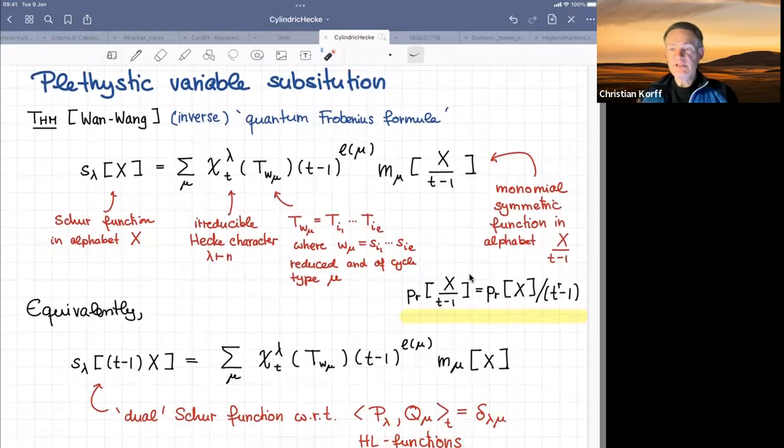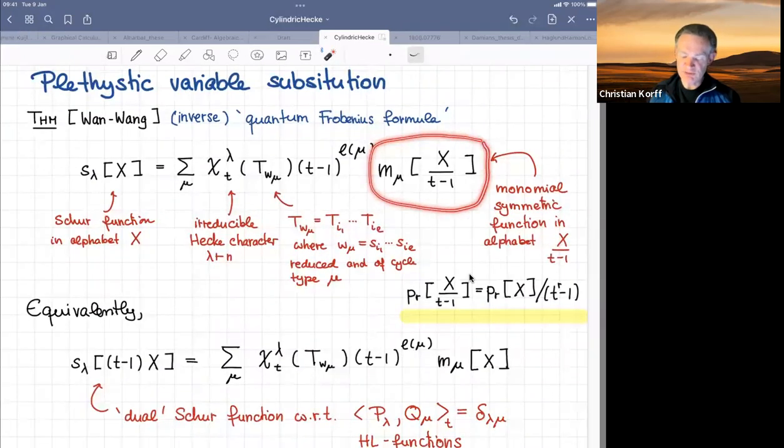So remember that in the case of the symmetric group, we had an expression of our Schur function in terms of power sums, and the coefficients were precisely the irreducible characters of the symmetric group. And now this changes. So what I do is I take the monomial symmetric functions here.